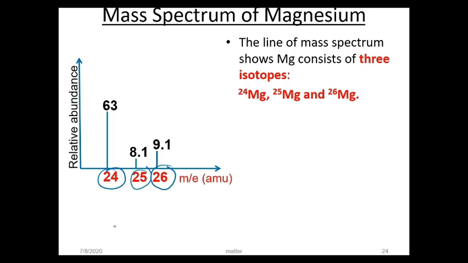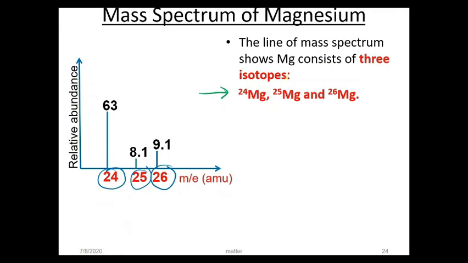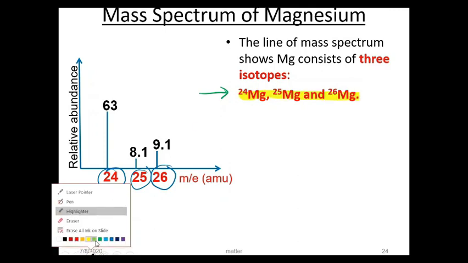Just one quick question: can these be called isotopic notation?